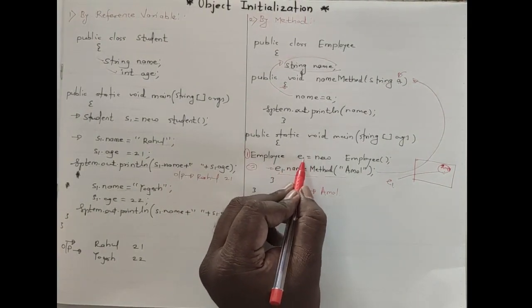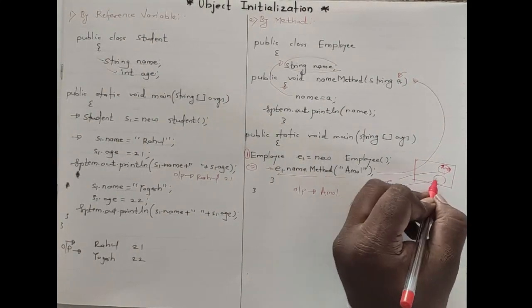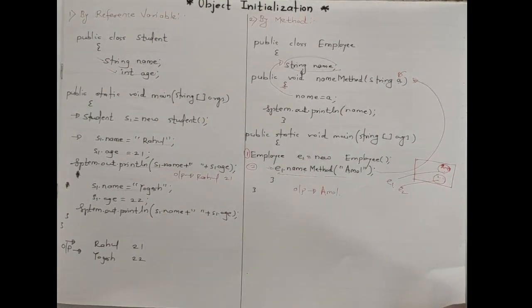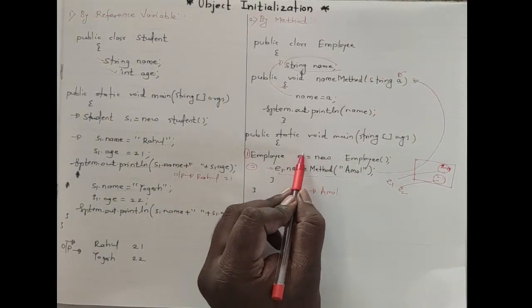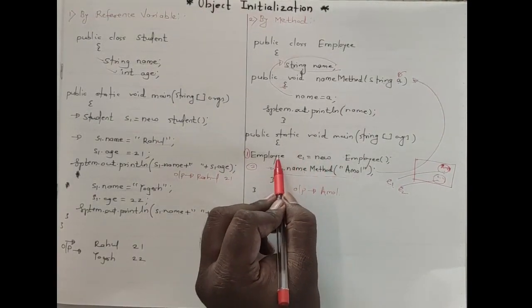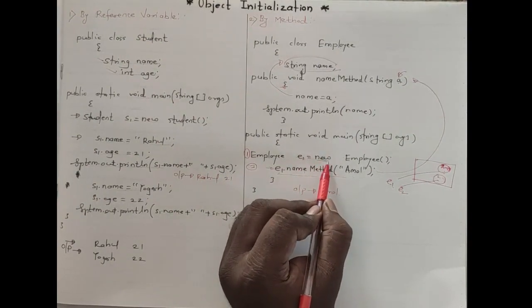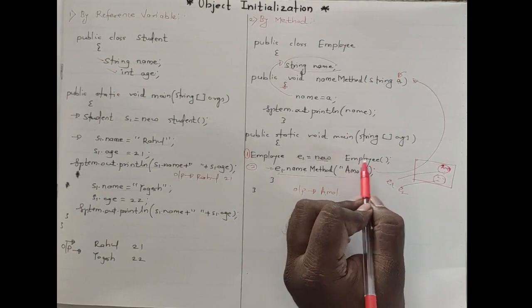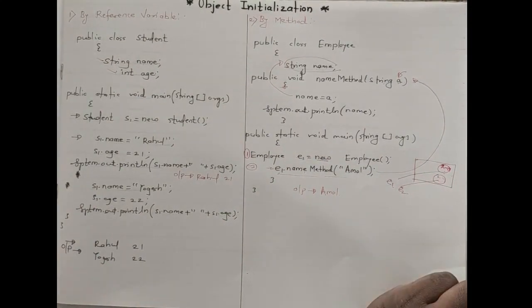That object has another reference, suppose E2, and here the name of that person. How many times are we creating an object? Each time we are using the new keyword. Hence a new object is created inside memory and that is referred to by using that reference variable. Keep in mind.